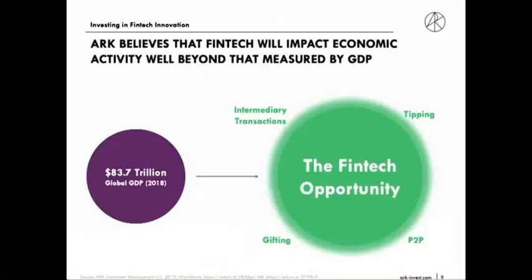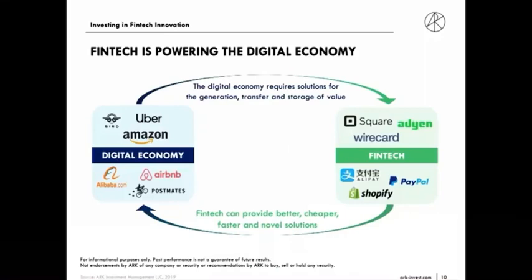So here we are. The global economy is roughly $85 trillion. Multiply that by 5, so $500 trillion in activity we believe fintech will touch during the next 5 to 10 years. You can see the digital companies that have spawned this movement.